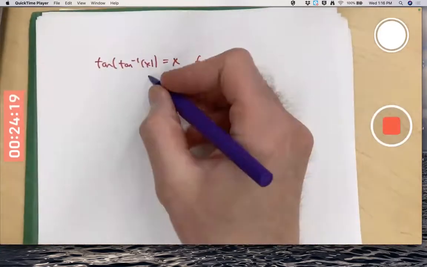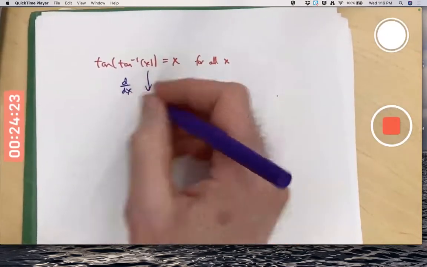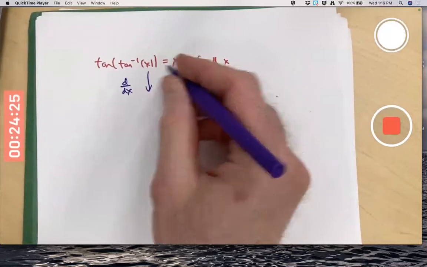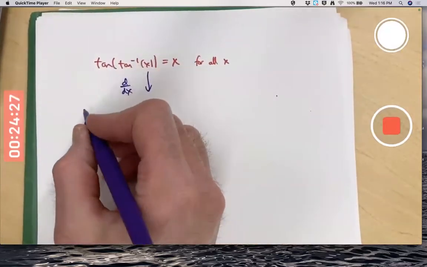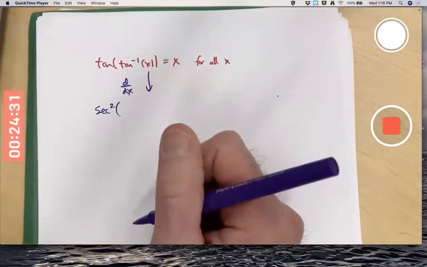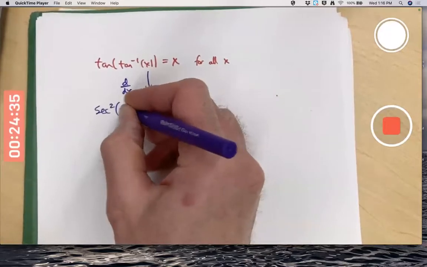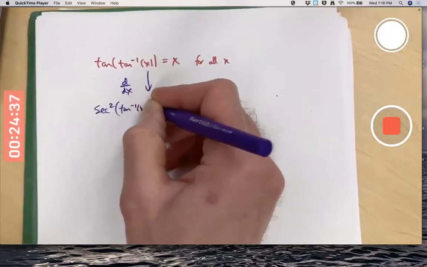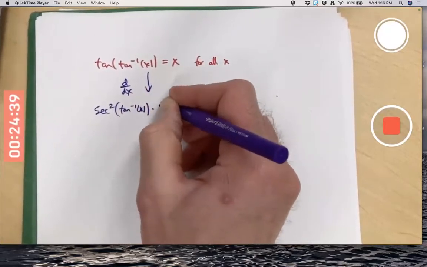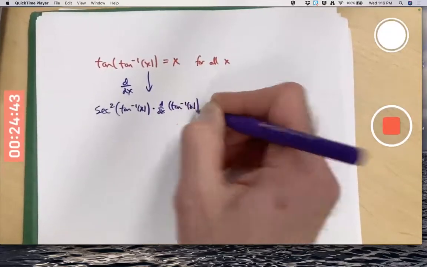Differentiate. I'll just draw one arrow this time. d/dx. That differentiates to 1 just like before. What about this one? Well, we know from last time the derivative of tangent is secant squared. I'm using the chain rule here, so I plug in the inside function into that, and then I multiply times the derivative of that inside function, which is the derivative I'm trying to find.